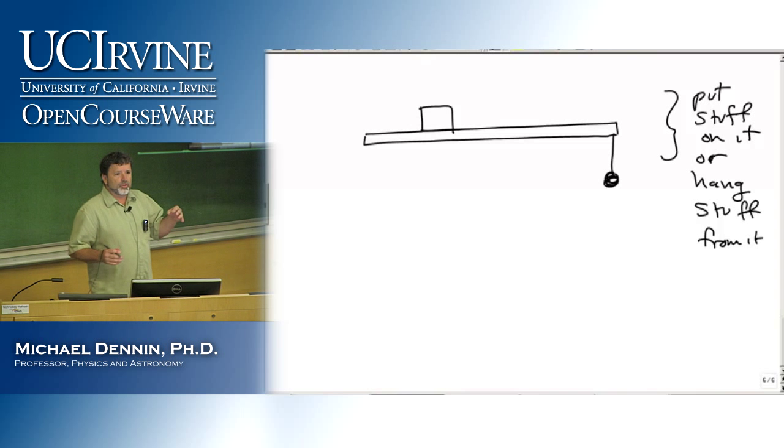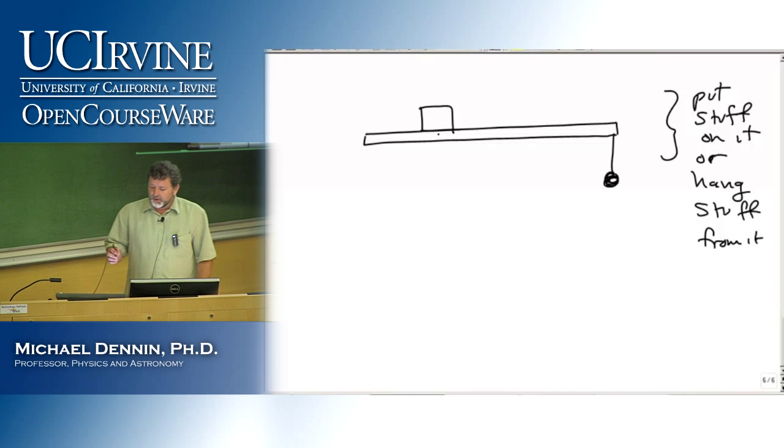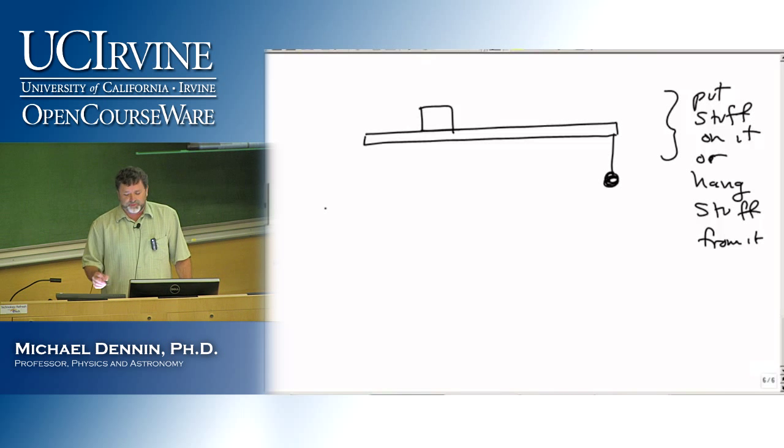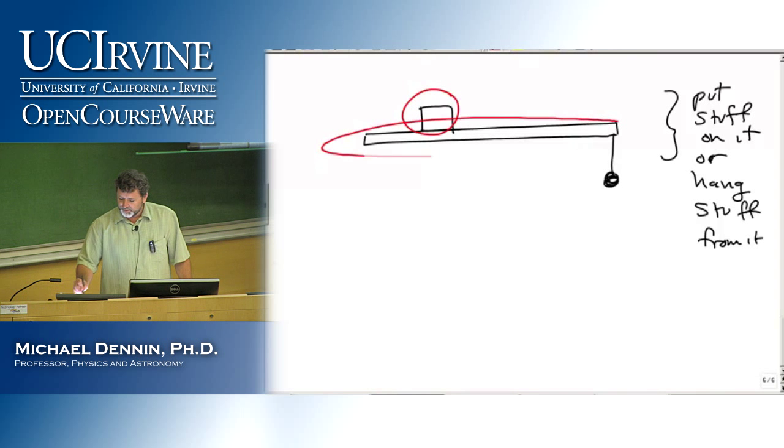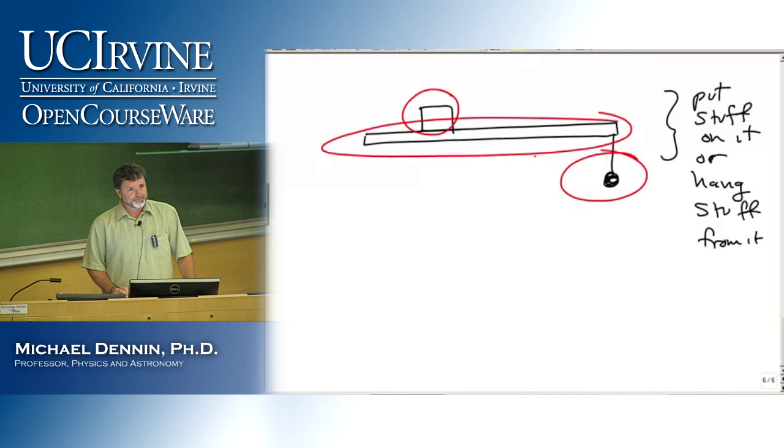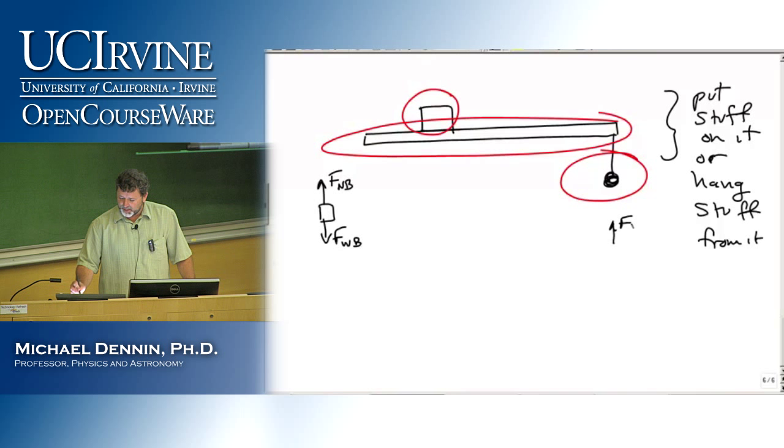If you want to be very careful, you should always draw three free body diagrams. One for this, one for the beam, and one for that. And what you'll see, right, the box has a normal force from the beam up and its weight down. This object here has some tension up and its weight down.